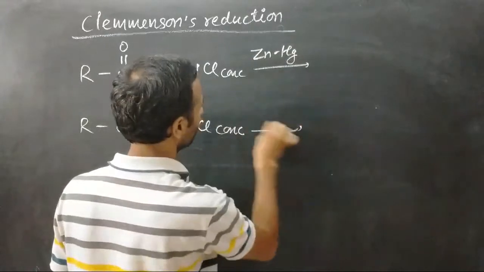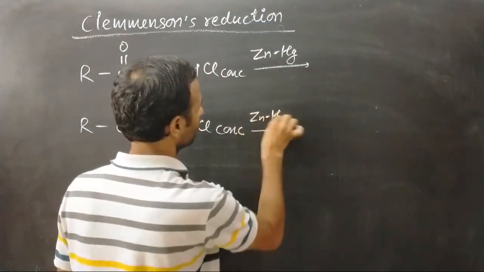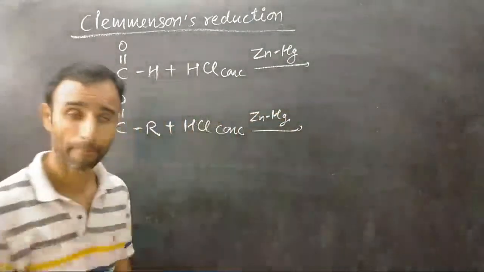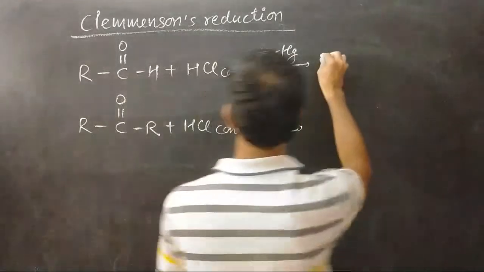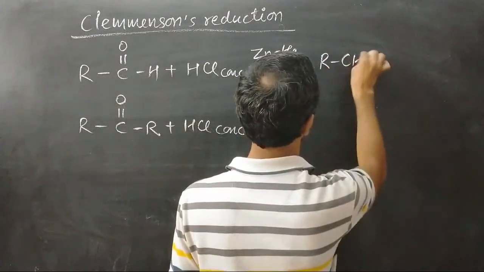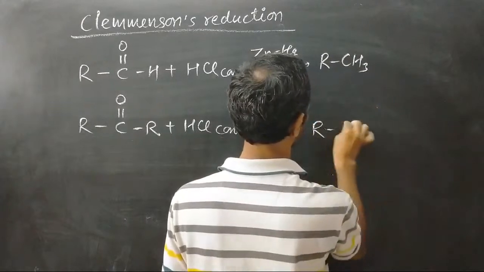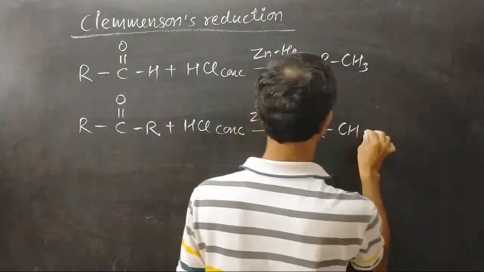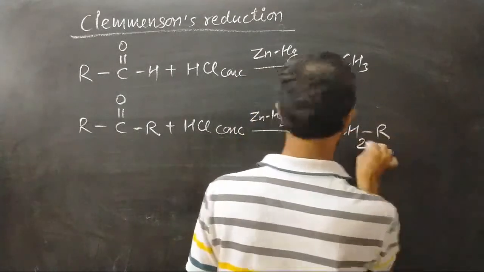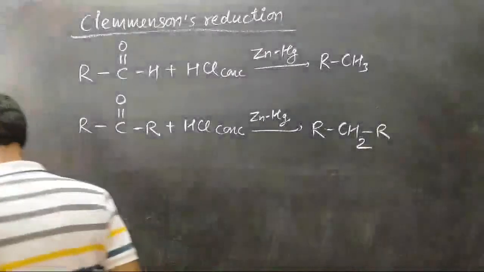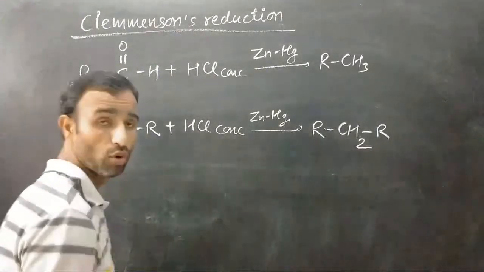Zinc amalgam in concentrated HCl. Okay, so we get a hydrocarbon. Directly they are converted into a hydrocarbon.